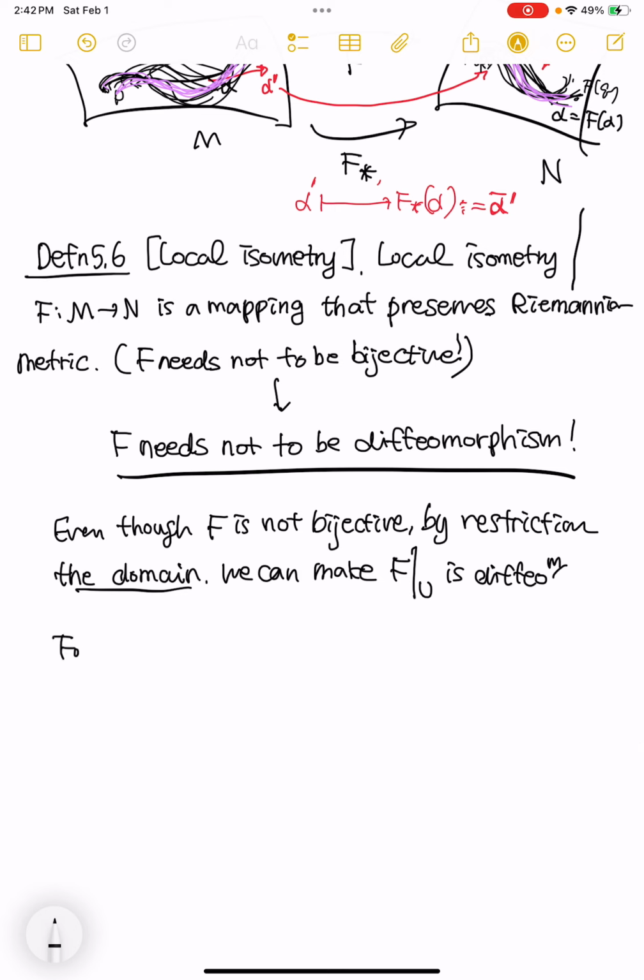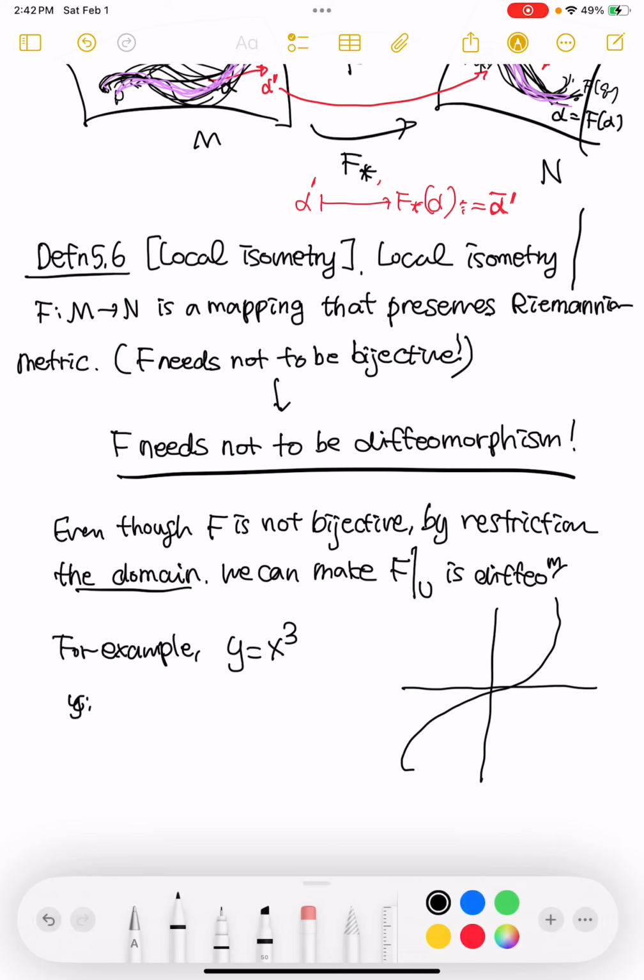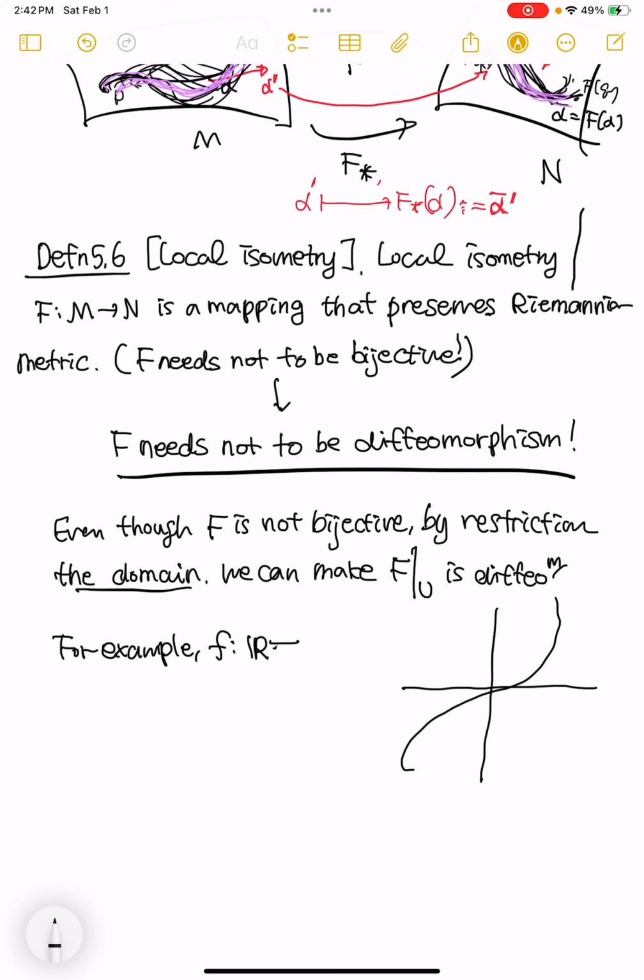For example, in a very easy example, consider the cubic function F from R to R. That function is not a diffeomorphism, because the inverse function does not exist at x equal to 0.